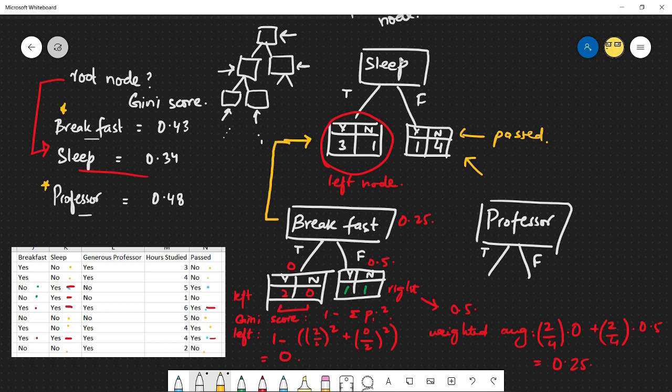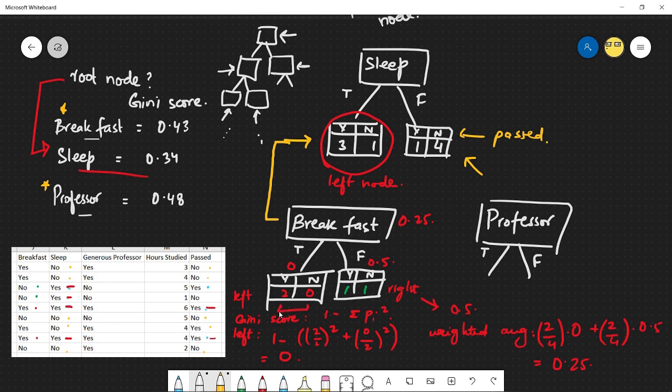You can now say with surety based on this data that when sleep is true and breakfast is true, you only have students who are going to pass the exam. You're not going to have any students who are going to fail the exam. And that's a pretty cool thing.